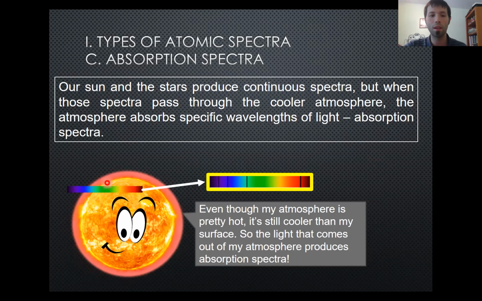But because the gas surrounding the sun is cooler than the surface, when we pass the sun's continuous spectrum through the atmosphere, it produces absorption lines. And these absorption lines, which again are pieces of the rainbow that have been absorbed by the atmosphere, tell us what the atmosphere is made of. So we can't really get a good idea of what the surface of the sun is made of, but by looking at what light comes out of the sun's atmosphere, we can tell what the sun's atmosphere is made of.